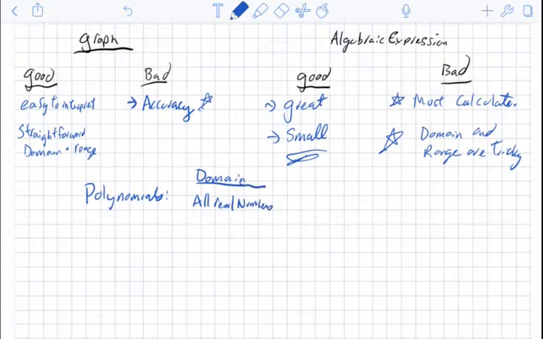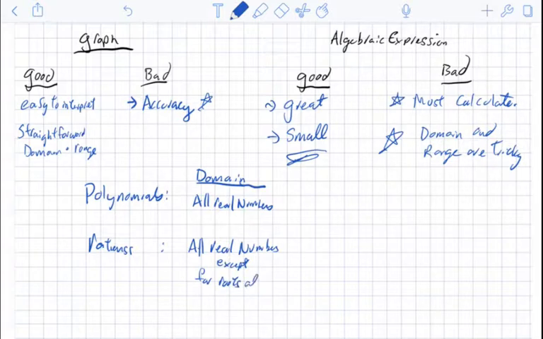For rationals, the domain is all real numbers except for roots of the denominator. As for the range of them, I haven't told you how to figure that out yet. You actually have to do some thinking.